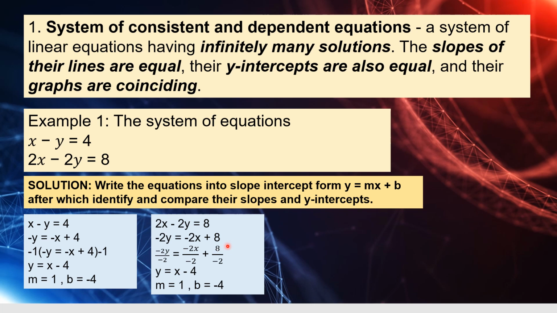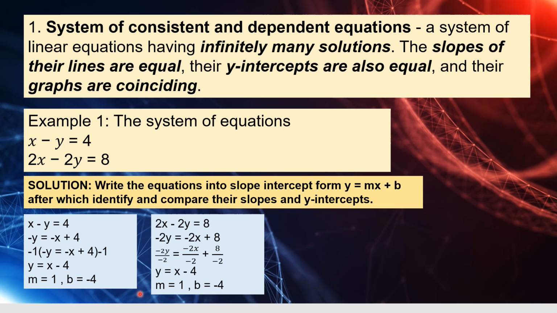Then, positive 8 divided by negative 2 is equal to negative 4. Let's identify the slope and y-intercept. We have now our slope is positive 1, and the y-intercept is negative 4.